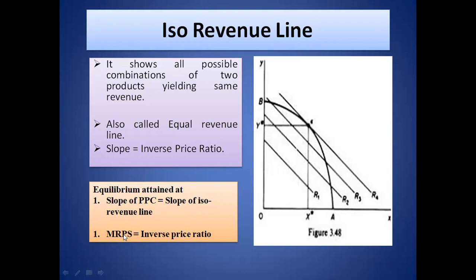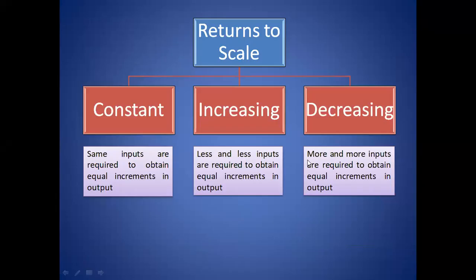There it was marginal rate of technical substitution, here it is marginal rate of product substitution. That will be equal to the inverse price ratio. Where can we find it? The ISO revenue line will be tangent to the PPC curve. So here we get the equilibrium point, where the producer is advised to produce. So this is all about your factor and product.